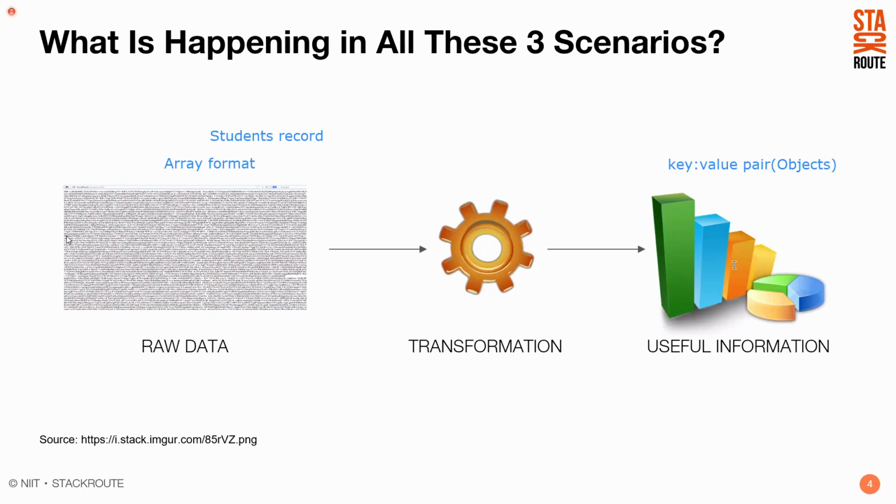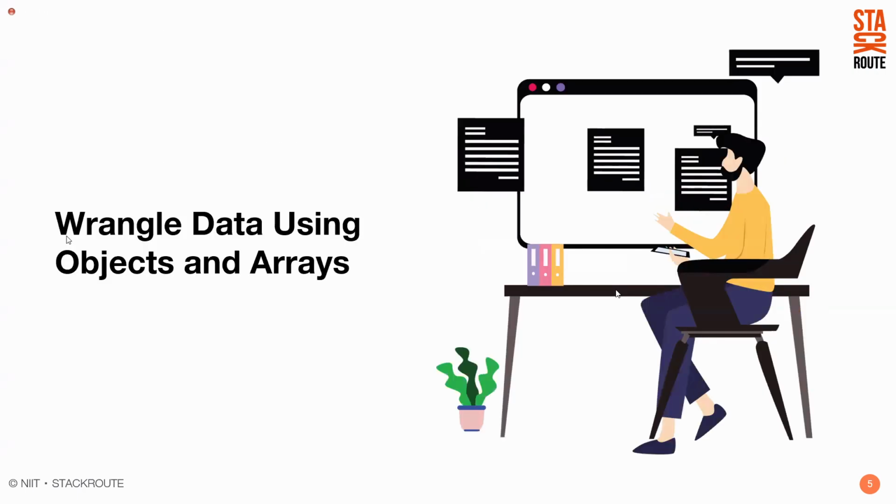Converting raw data into useful information, in real-world terms. When it comes to JavaScript, converting one complex type into another format is called wrangling. If you take student records in array format and want to convert to object format, this is also called wrangling in JavaScript. Is that clear? Yes, ma'am.